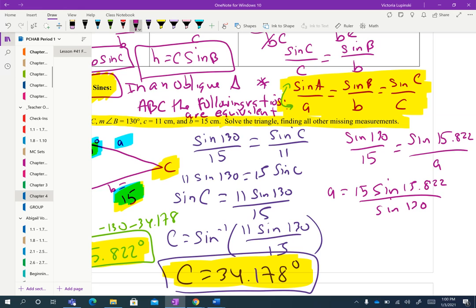In this case, because you're just looking for a missing side length, you don't have to do an inverse anything. You just have to very carefully plug that in your calculator, and you're going to get 5.339. And because we knew it was centimeters, you can go ahead and label it as such.